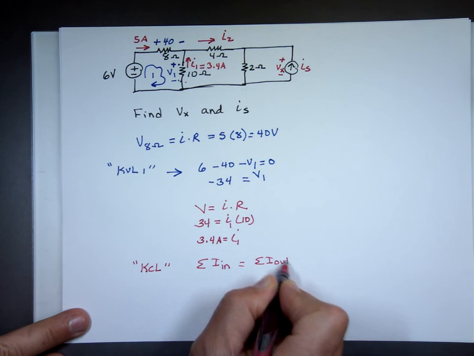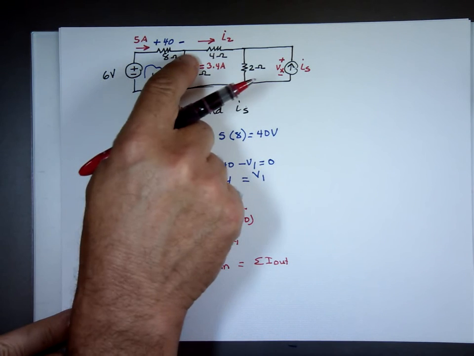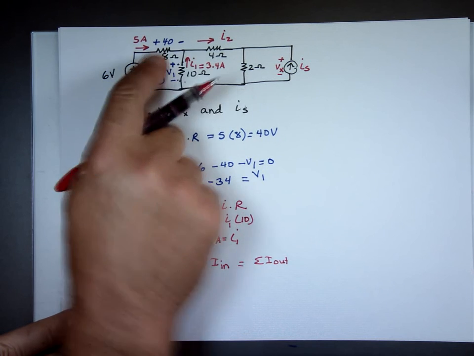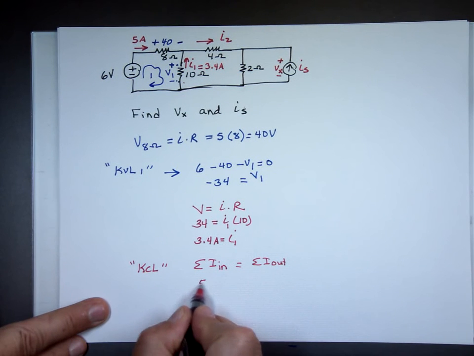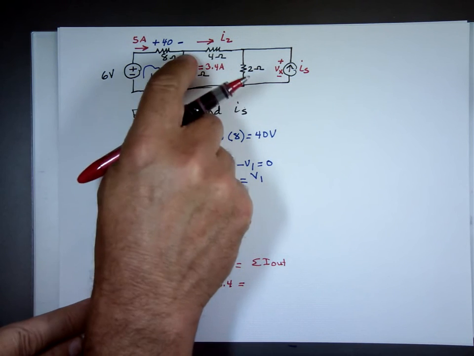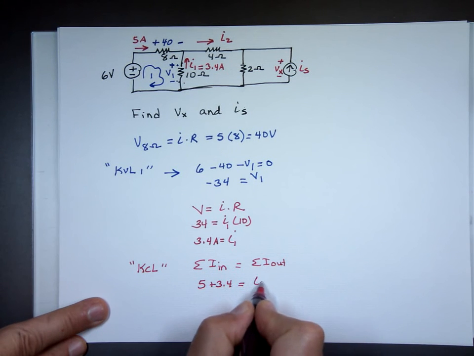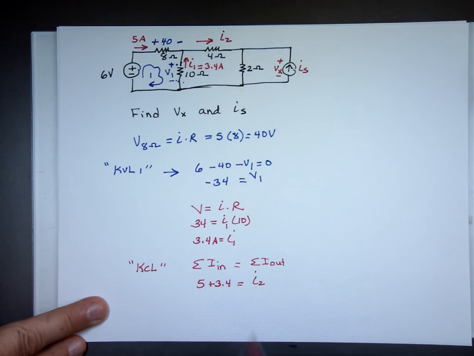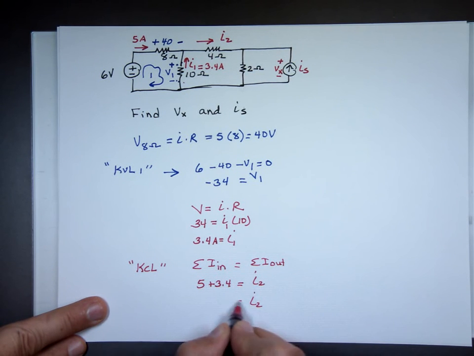What is going into that node? 5 and 3.4. What is leaving that node? Only I sub 2. So I sub 2 equals what? 8.4 amps.